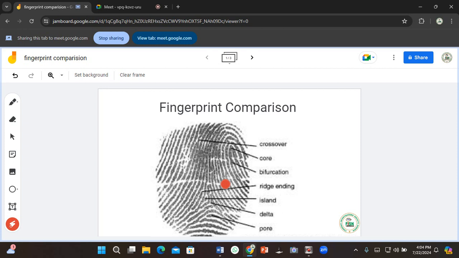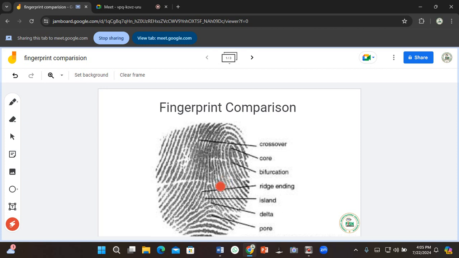So the Galton points or the minutiae, their presence and their alignment are what you are looking for, and even the consistency in other distinguishing features.